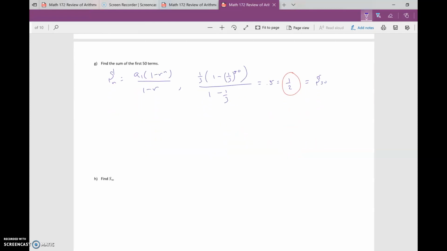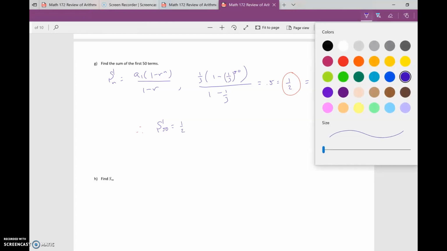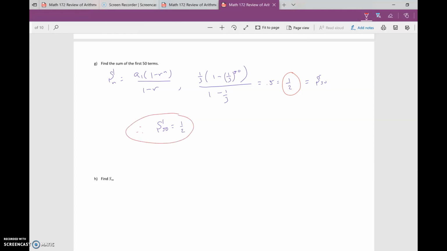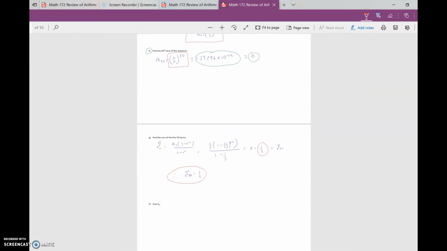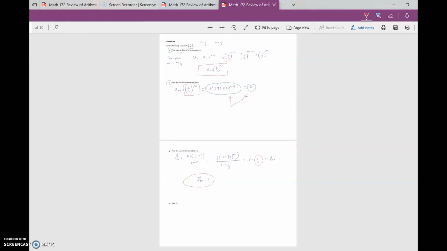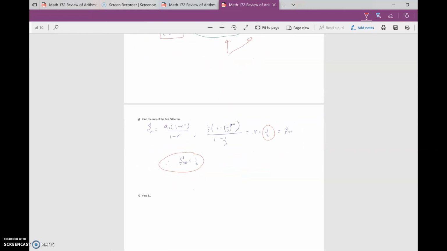So as a final conclusion for this one, we're finding that adding the first 50 terms, S of 50, is equal to a half. And what this means is that our terms, as n becomes larger, are approaching 0. So this plays an important role because when we do the last portion, in this case the infinite sum, we're going to find that the actual limit of the sum exists. You're able to add terms all the way to infinity without having the sum become infinitely large.